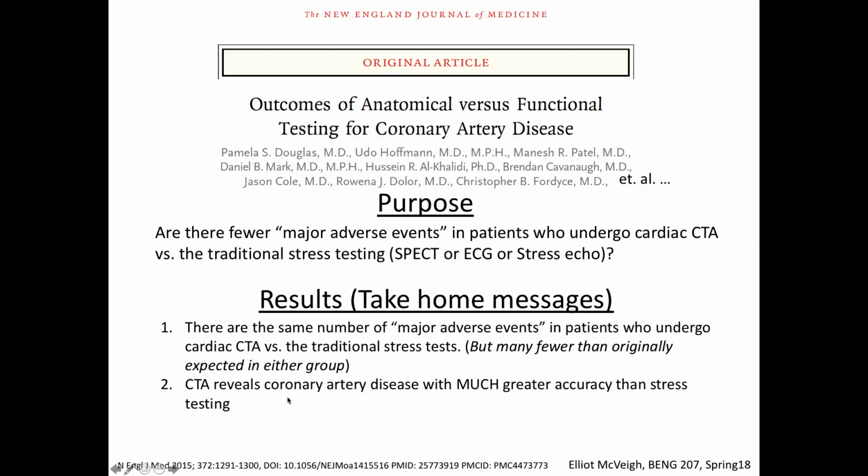The other result, which wasn't really a conclusion they put in the paper but that you'll see when you look at the data, is that CTA reveals coronary artery disease with much greater accuracy than nuclear medicine. That's going to be obvious from the data.